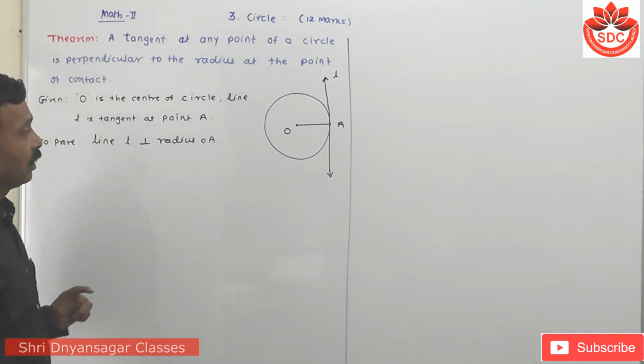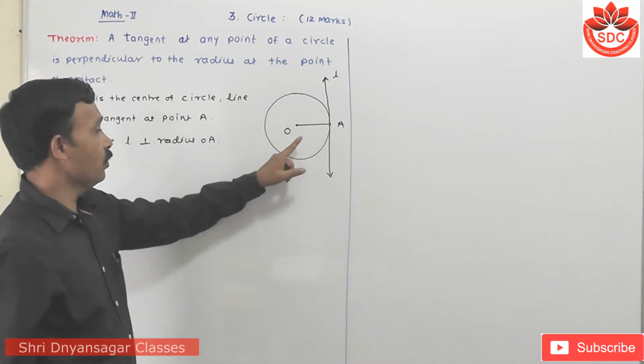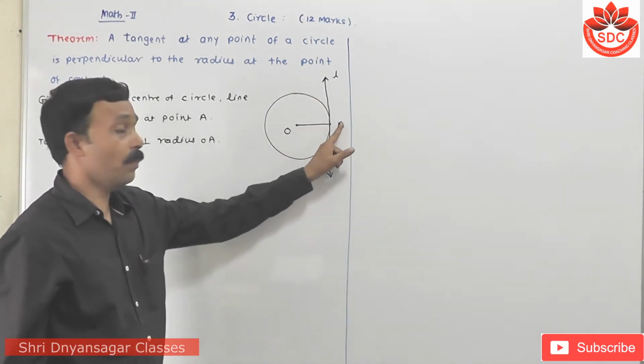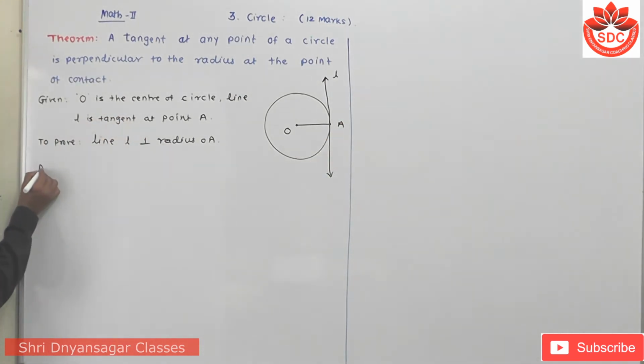For this, students, we assume that this line is not perpendicular to the segment OA.